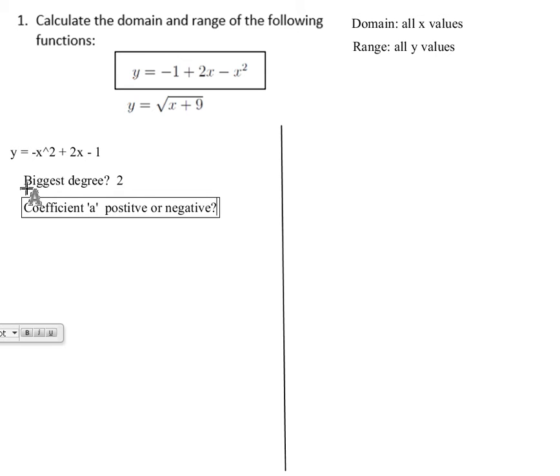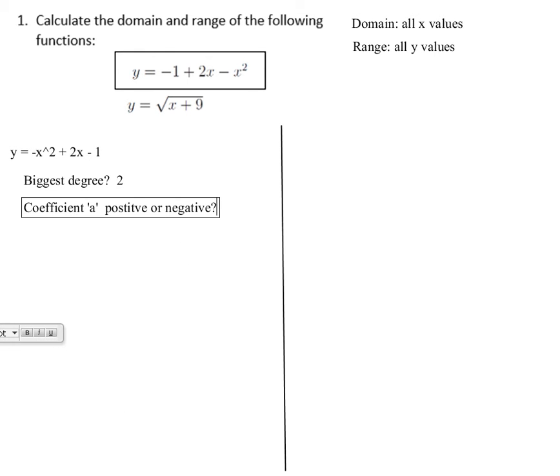Okay. So because the largest degree is even, we know that as x approaches infinity, y will approach negative infinity, and as x approaches negative infinity, y will approach negative infinity. So we know that it's going to be a single curve.